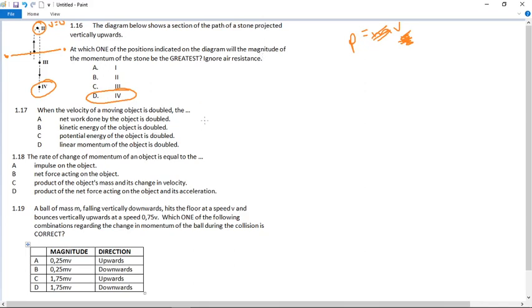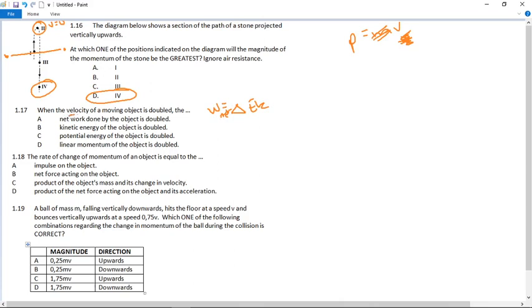Now it says to you, when the velocity of a moving object is doubled, what will be doubled? Net work. Net work is the change in the net work done on a system, W net equals delta EK.